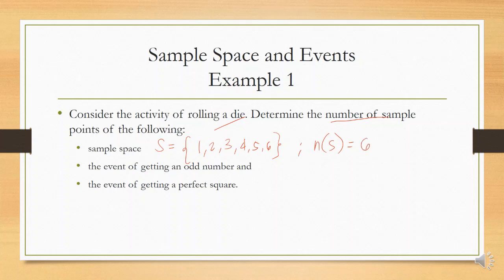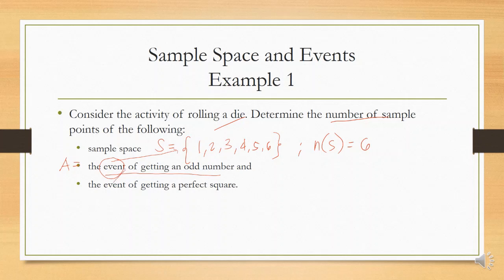Now, the event of getting an odd number, we denote this as event A. We use letters to denote events, and we base our answers on the sample space itself.